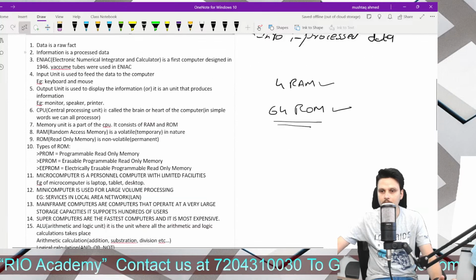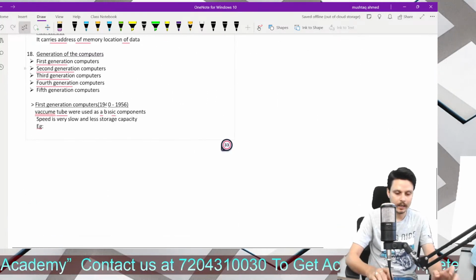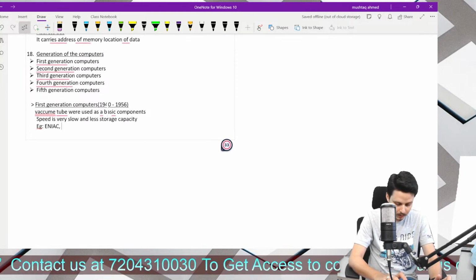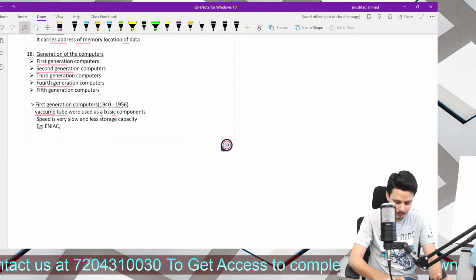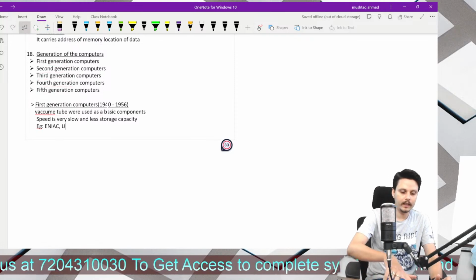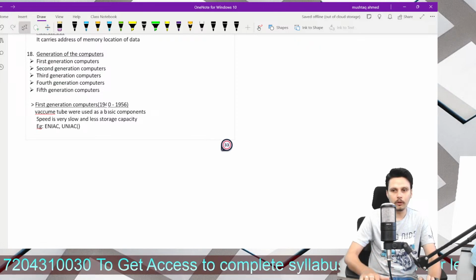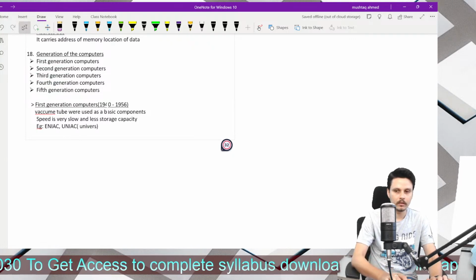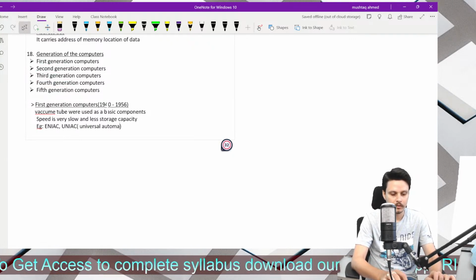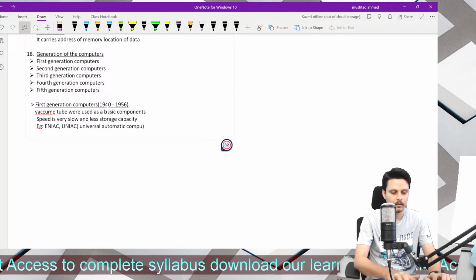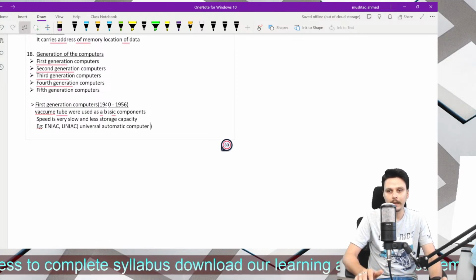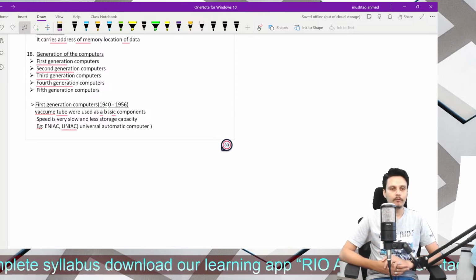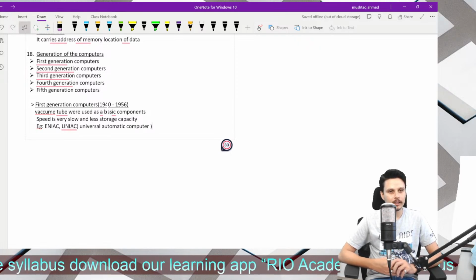So this is the first generation computers. I will write that down, Eniac. Another one is the UNIVAC. The full form of this is Universal Automatic Computer. So first generation computers started in 1940 till 1956.